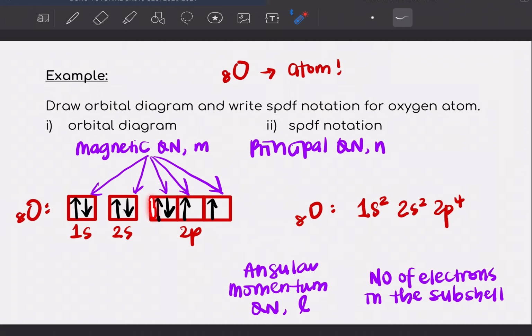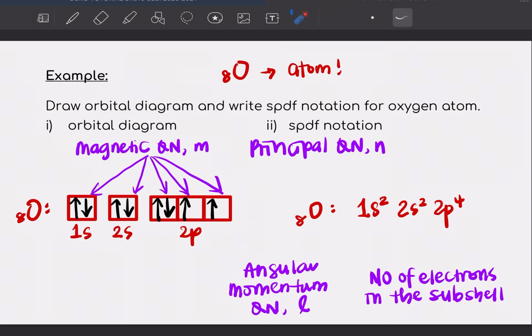Here you have 1, 2, 3 boxes which show the 3 orientations of your 2p orbitals: px, py, pz.